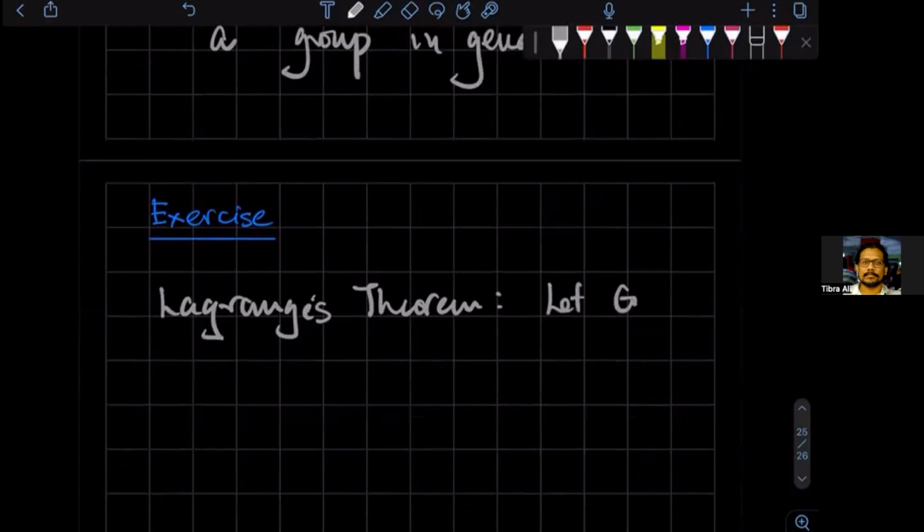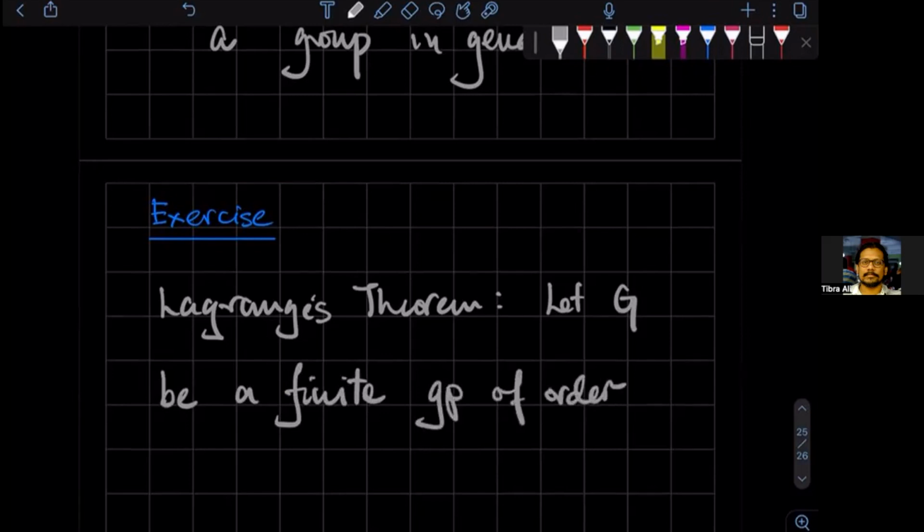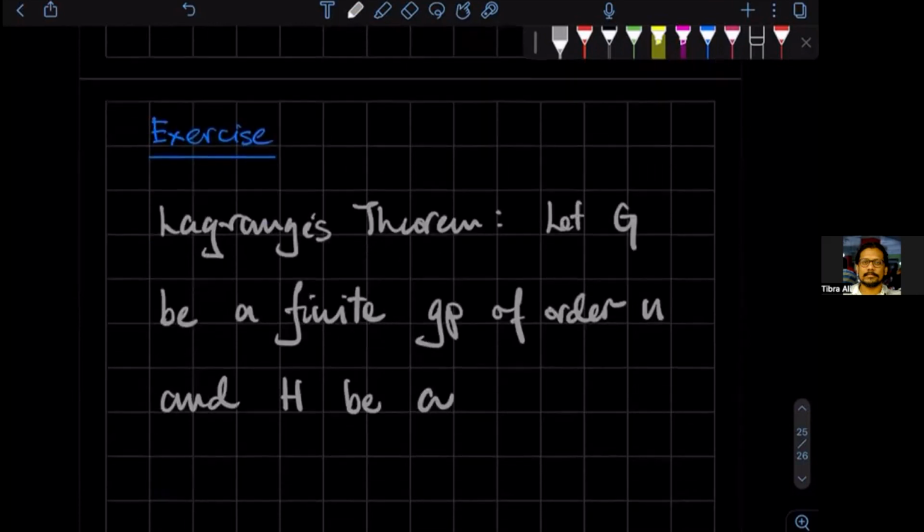Let G be a finite group of order, say, n, and H be a subgroup of order m.